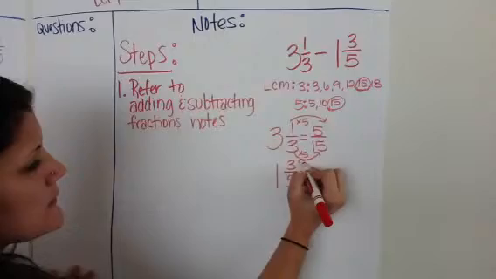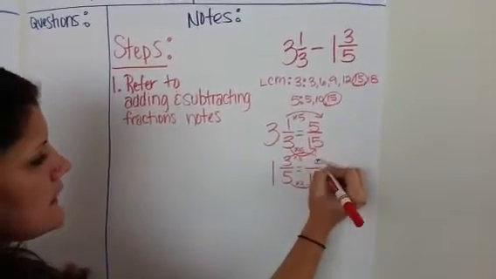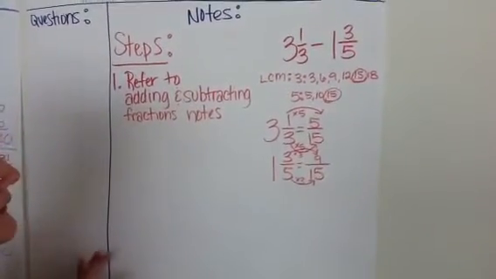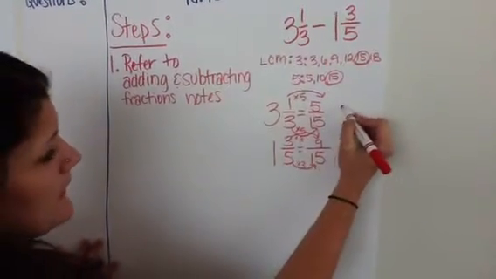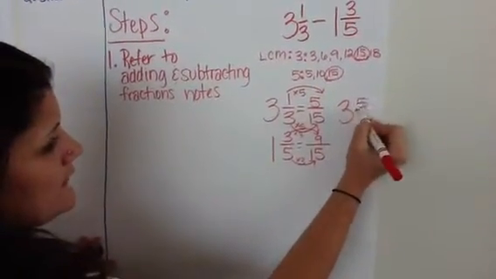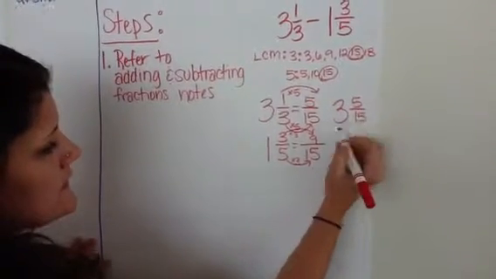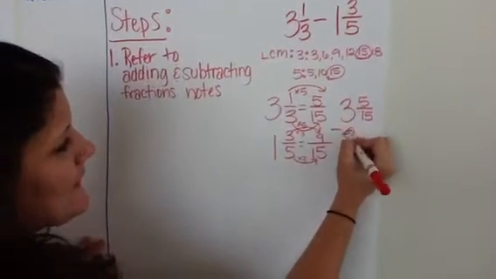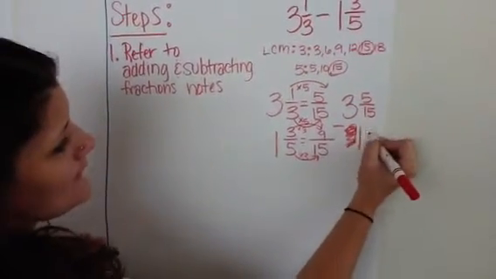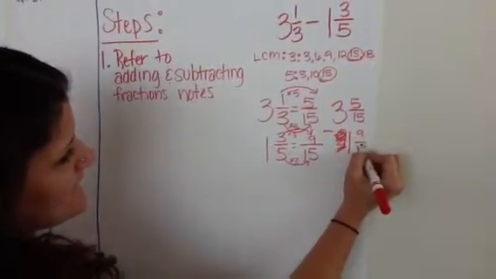So 3 times 3 is 9. So now I have my equivalent fractions. I'm going to go ahead and rewrite that. 3 and 5/15 minus... Oops, I wrote a big 9. That's not right. 1 and 9/15.